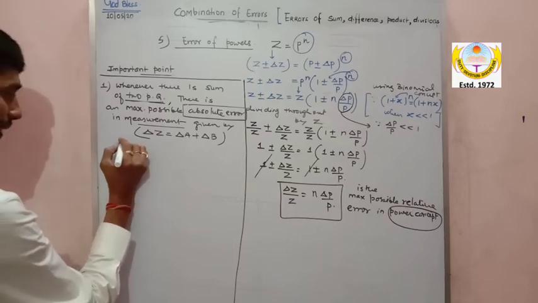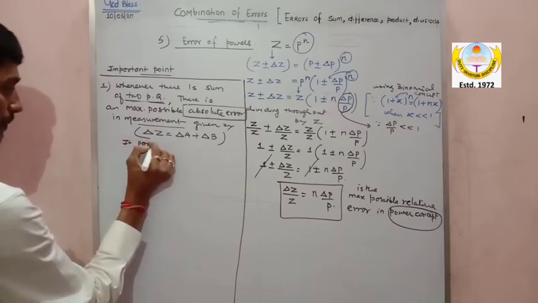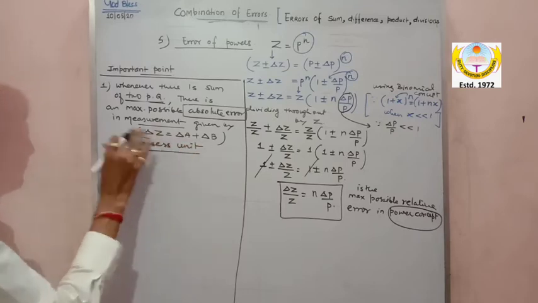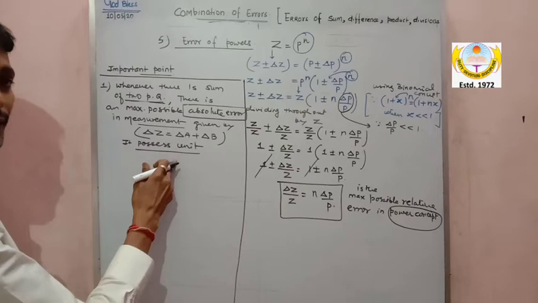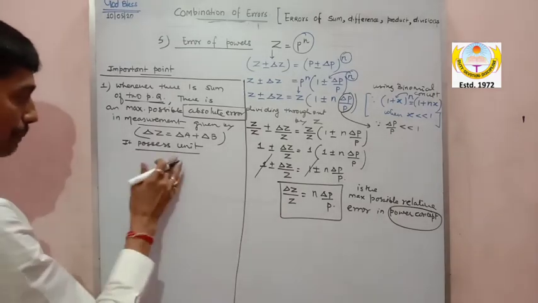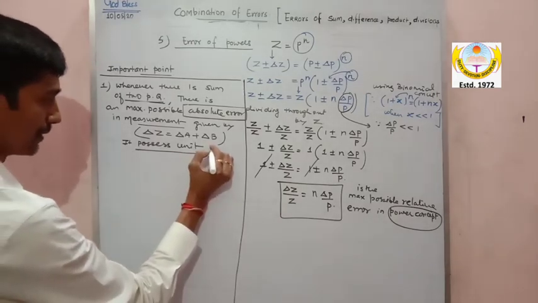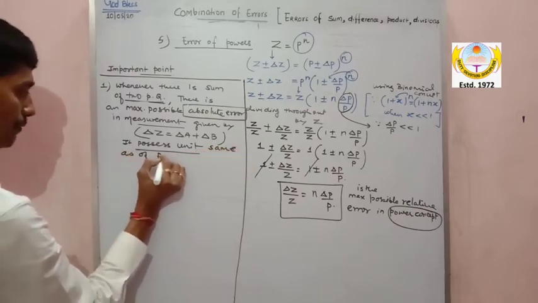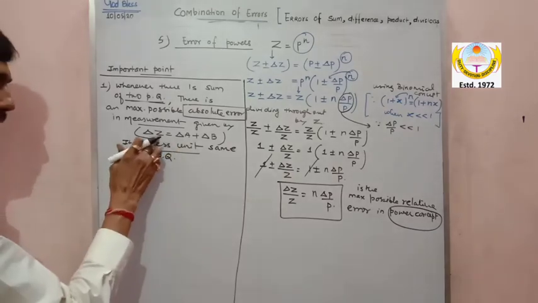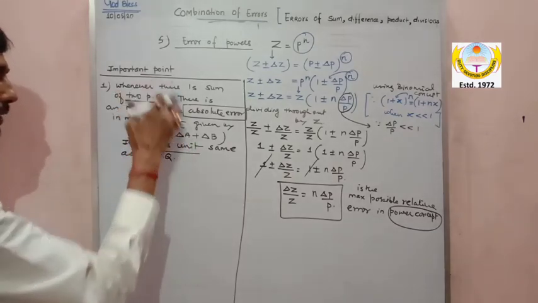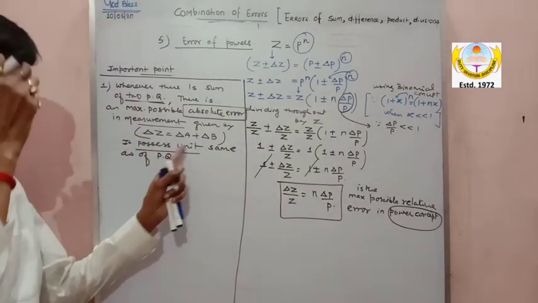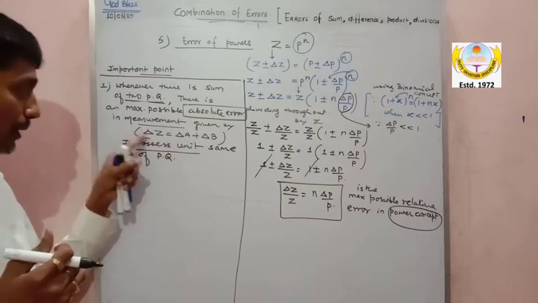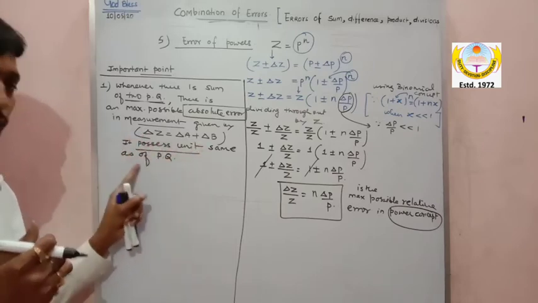Am I clear? And it possesses unit. This absolute error possesses unit same as the physical quantity. Who possesses unit? Absolute error will have a unit, because A has a unit, B has a unit, so it is A plus B, so it possesses unit same as the physical quantity.